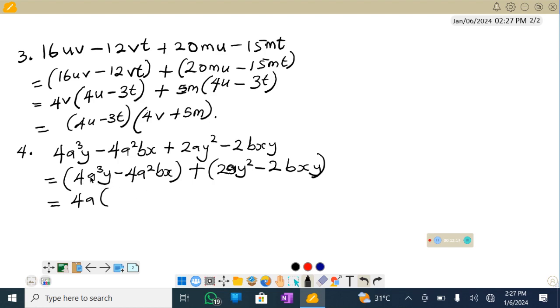So when 4a cubed y is divided by 4a, 4 will go with 4. A cubed divided by a will give me a squared. Then I have my y remaining there. Minus, 4 will go by 4. A squared divided by a will give me a bx. Okay. So do the same thing here. Plus, what is common here?